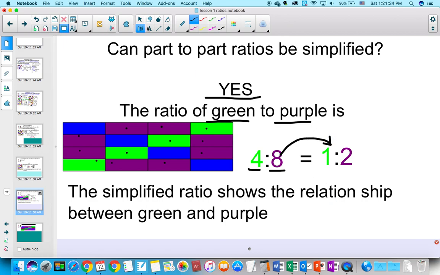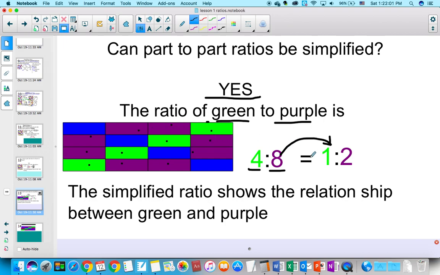And what this is saying is that if we look at the relationship between green and purple, for every one green, we have 2 purples. 1 green, 2 purple. 1 green, 2 purple.